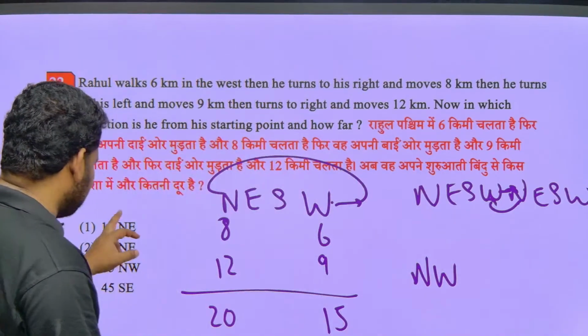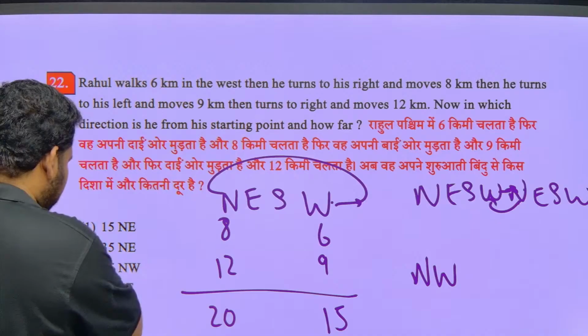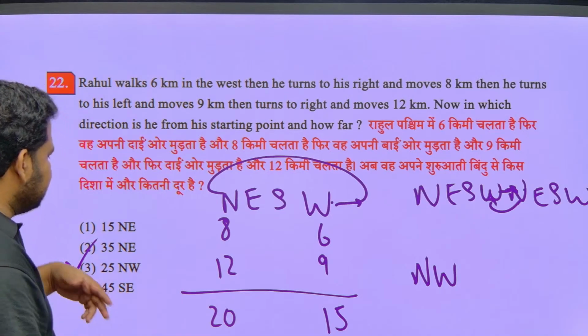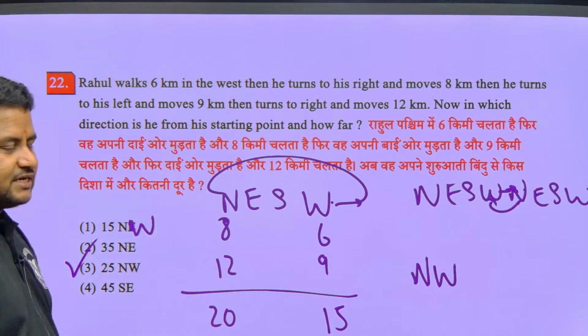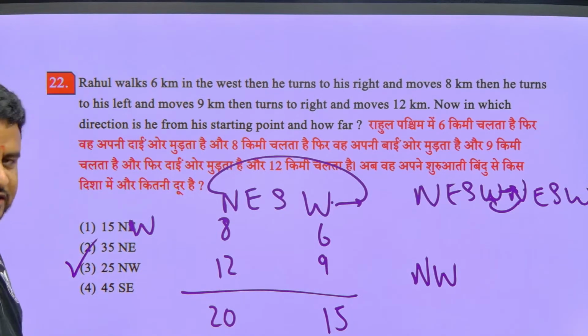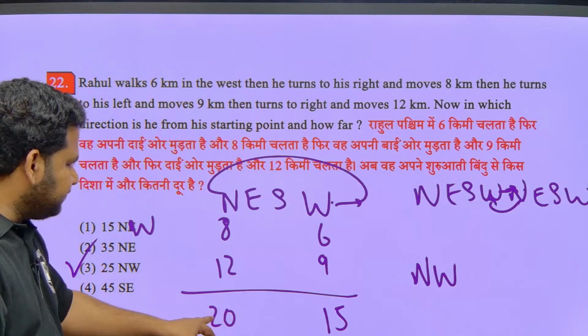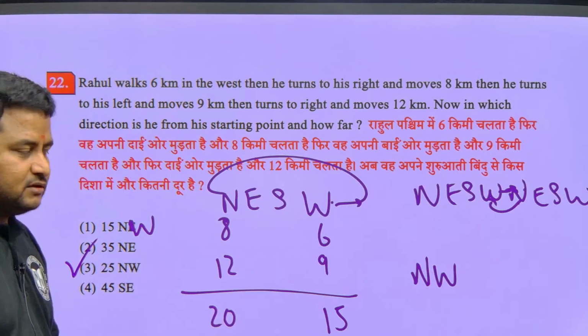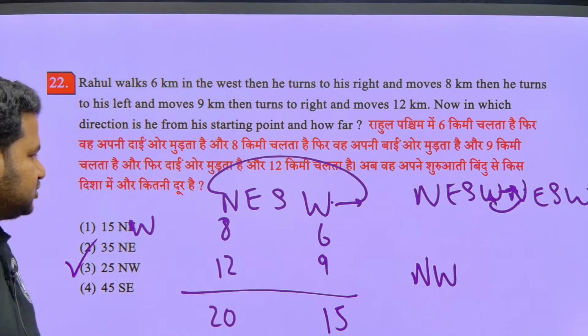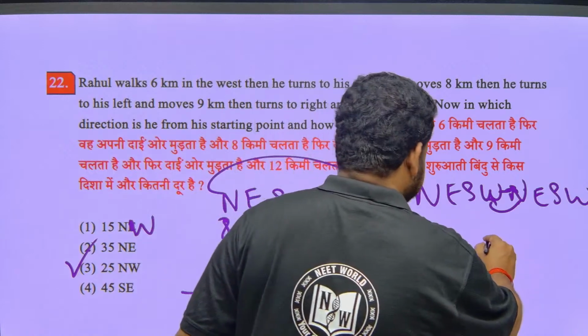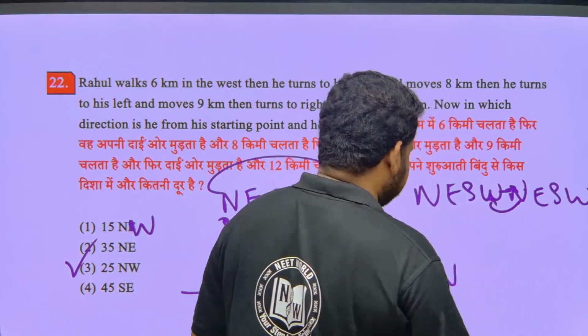So the only option that is having northwest is option 3, directly we can say. But if they had given another option, suppose I make option 1 as northwest only, that time which option to choose? So for that, here we have 20 under north, under west we have 15. So here we have to use the Pythagoras theorem to find the northwest direction.